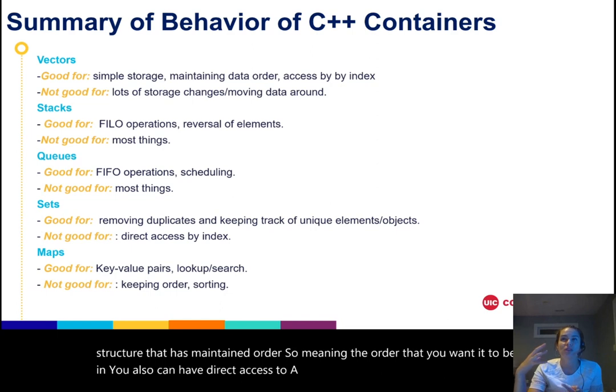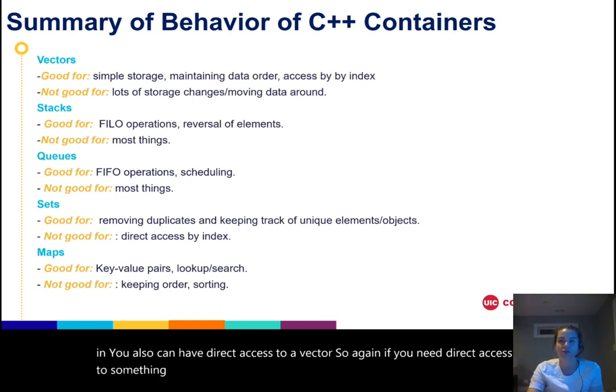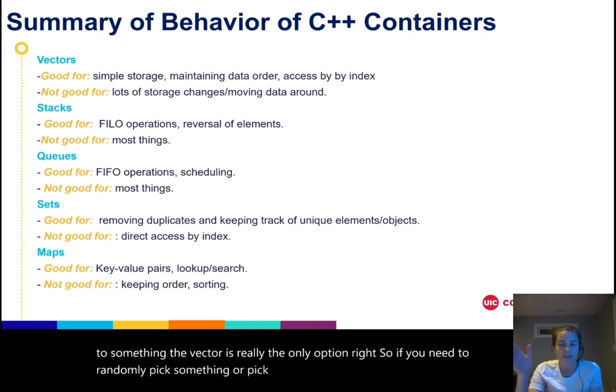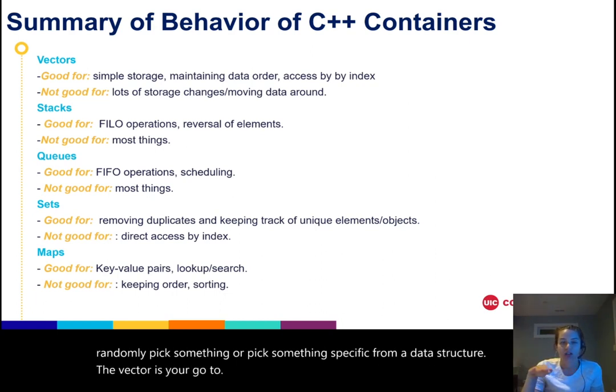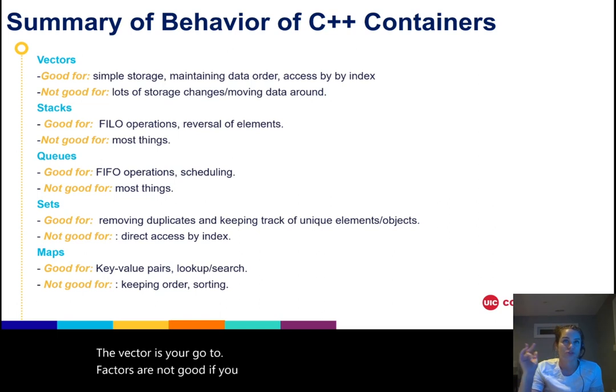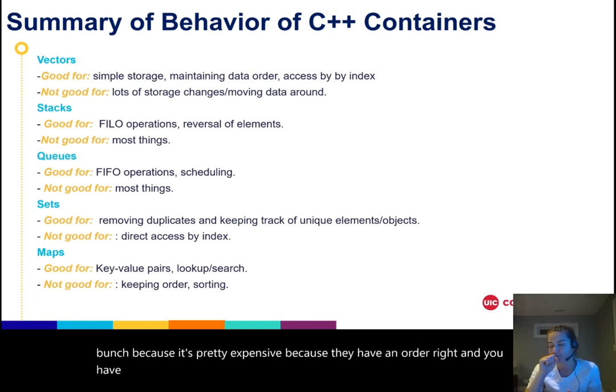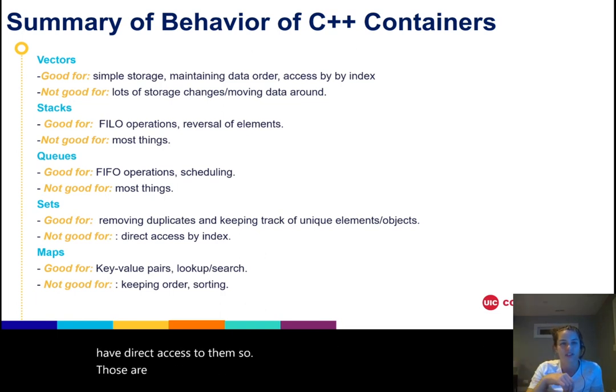So if you need direct access to something, the vector is really the only option, right? If you need to randomly pick something, or pick something specific from a data structure, the vector is your go-to. Vectors are not good if you need to change storage or move it around a bunch, because it's pretty expensive, because they have an order, right? And you have direct access to them. So those are the pros and cons of vectors.